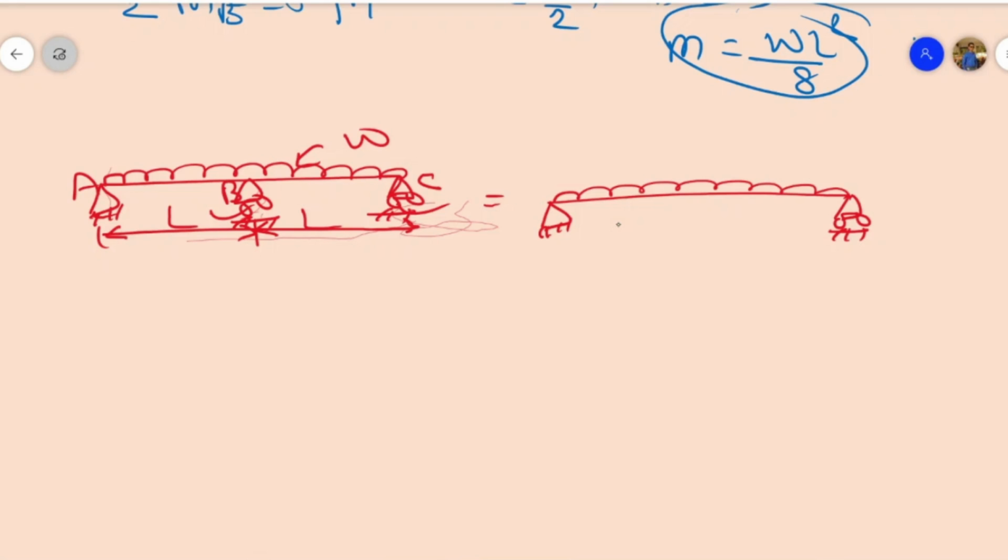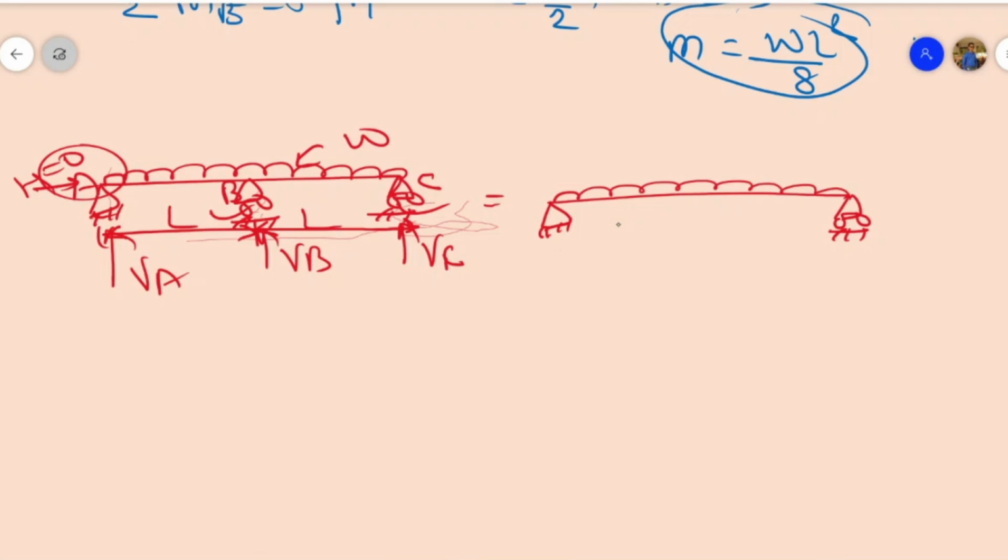At A there is a vertical reaction VA, at B a vertical reaction VB, at C a vertical reaction VC, and here one horizontal reaction. This horizontal reaction will be 0 because all the loadings are vertical, so I am not considering it in my calculation.